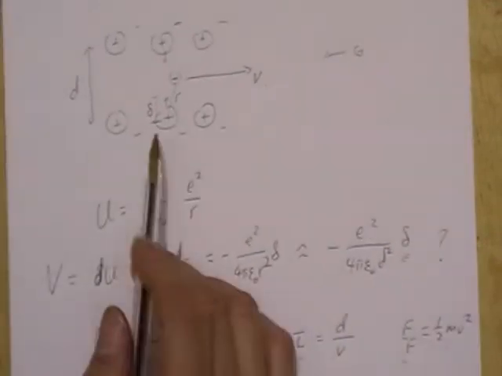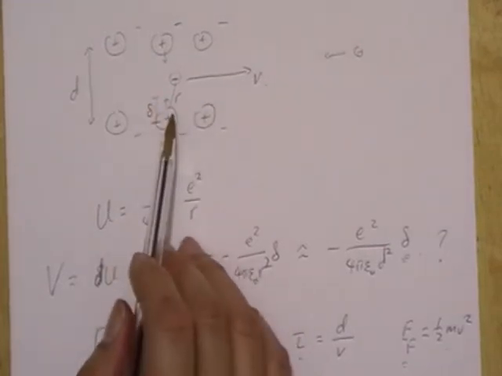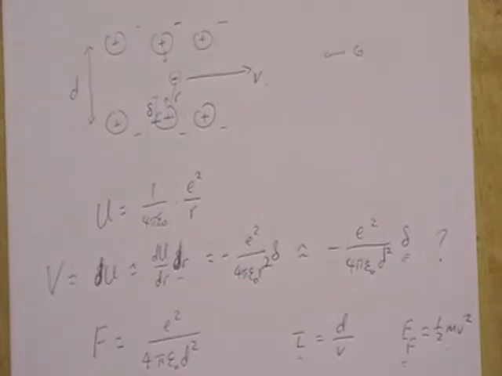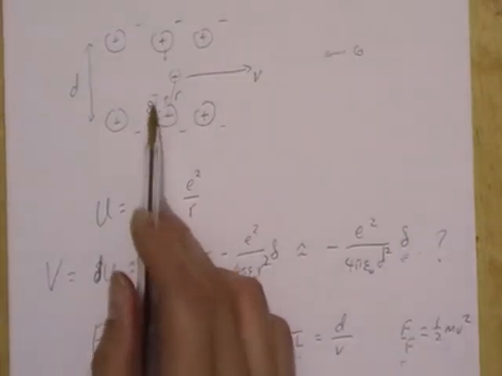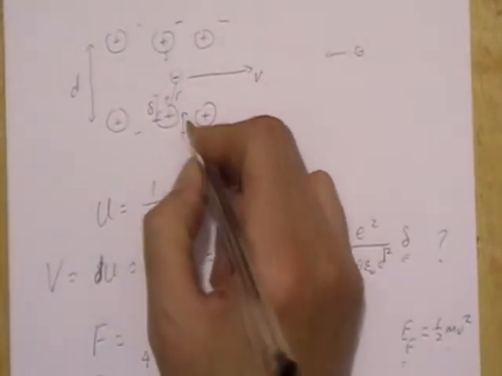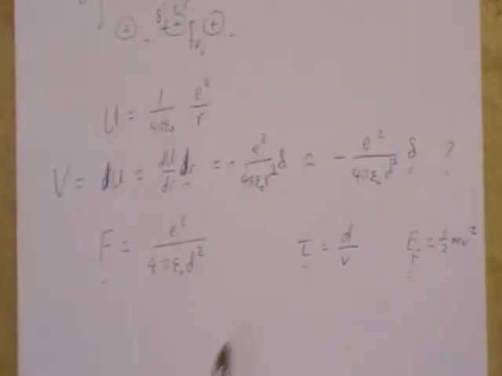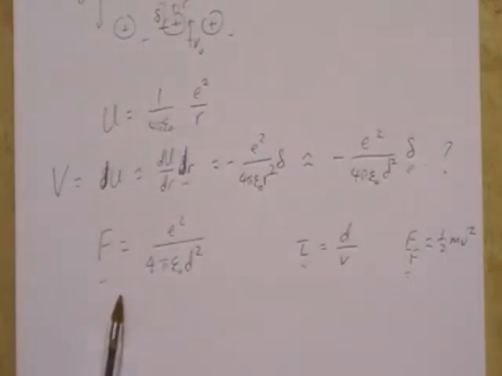Now coming back to what I want to do, I want to estimate this displacement. I might be able to do that if I know, say, the initial velocity with which it moves. Okay, because there is this force acting on it for a short time due to the electron.